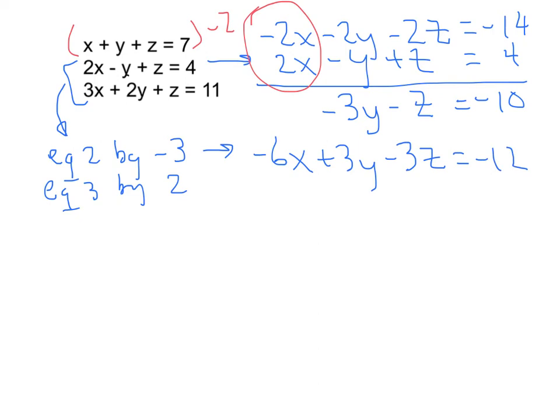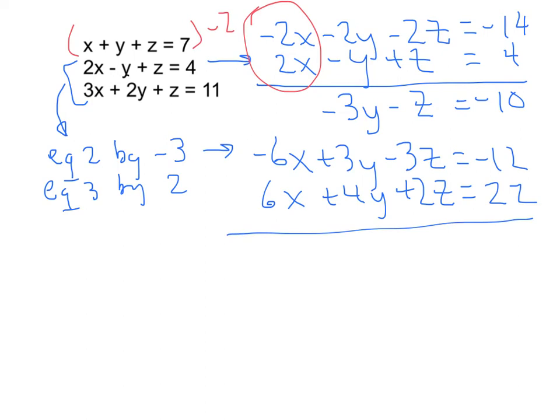And on the bottom equation, we're going to get 6x plus 4y plus 2z equals 22. And as we've seen before, we can now eliminate the x's, and we will get 7y minus z equals 10, excuse me. That's a 12 over here.